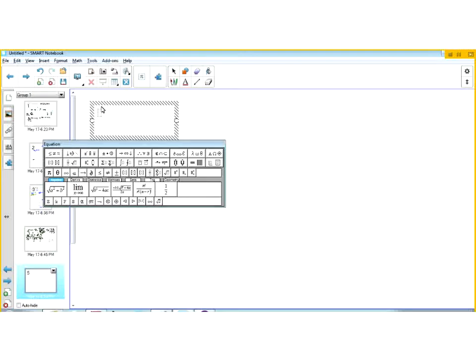So we'll let f of x equal to the square root of, say, 2x squared plus 1, divided by 3x minus 5.